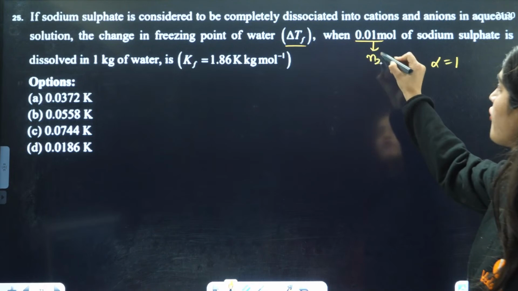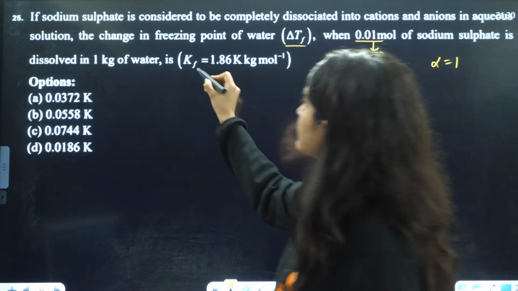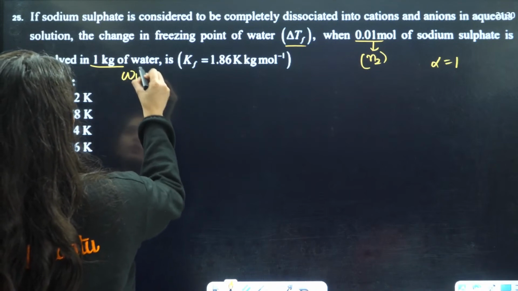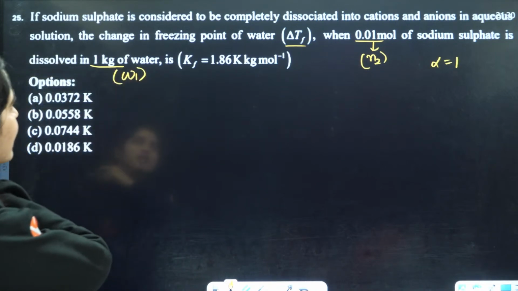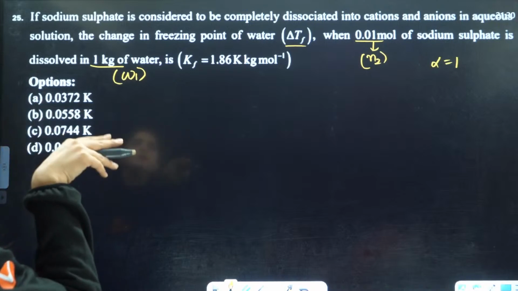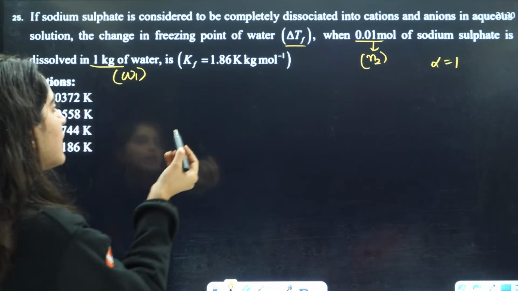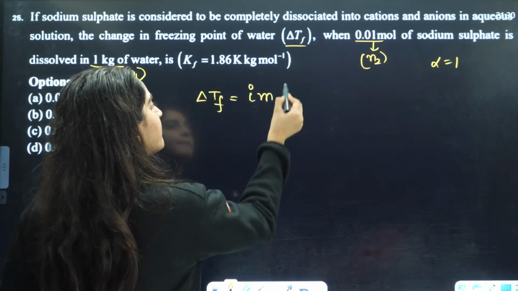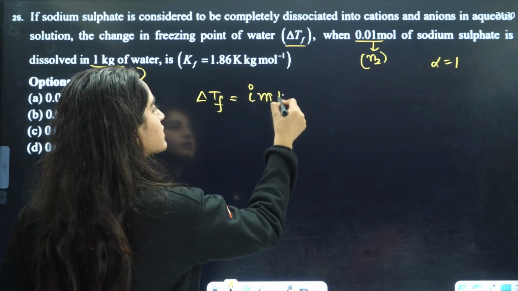So this is the number of moles of solute. Kf is given to you, W1 is given to you. What they are asking is the change in freezing point, delta Tf, that will be i into m into Kf.